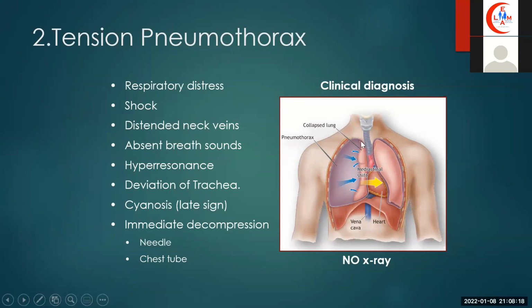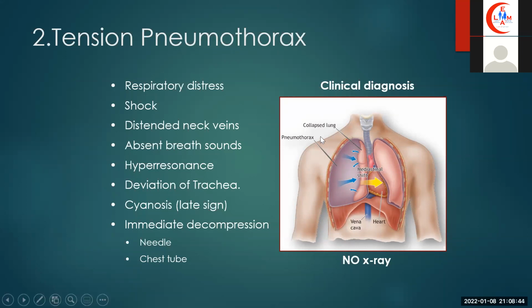When the patient breathes in, the air accumulates in the pleural space, and it is a one-way valve, so the air keeps accumulating inside and will not go outside. As the patient becomes more distressed and anxious, he tries to breathe in, and the condition gets worse as the air gets trapped in the pleural space.